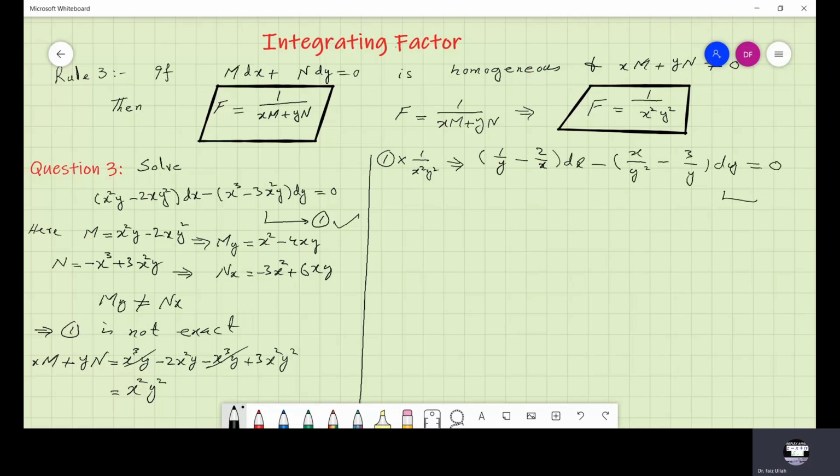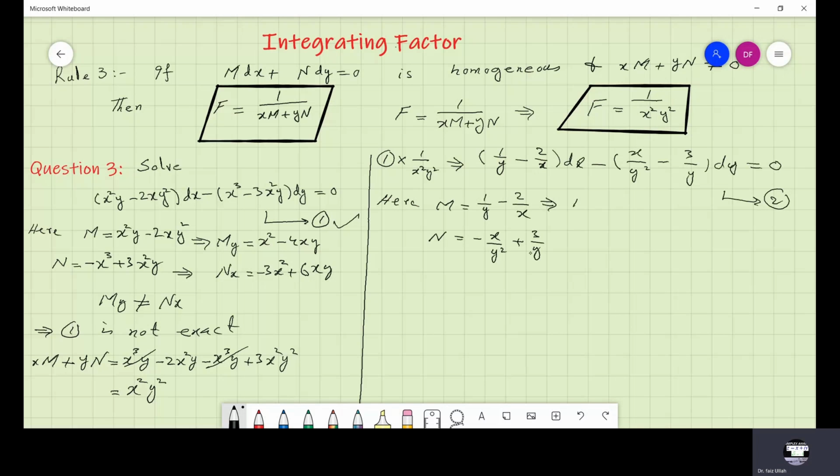Now this equation number 2 will be automatically an exact differential equation, but let us confirm this. So again here m is the coefficient of dx, which is 1 over y minus 2 over x, and n is the coefficient of dy, which is minus x over y square plus 3 over y.